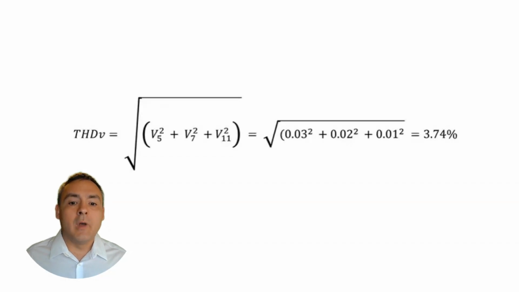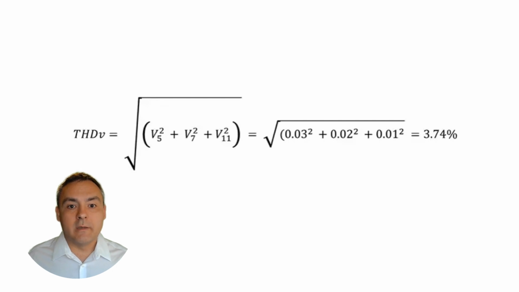I have one final thing I need to show in this introductory video, and that is how to calculate total harmonic distortion. The formula is quite simple. We add the square of all the harmonics and then take the square root of that sum. So, for this example, the sum of 3% squared, 2% squared, and 1% squared is 0.0014.